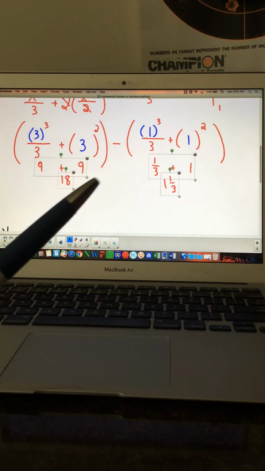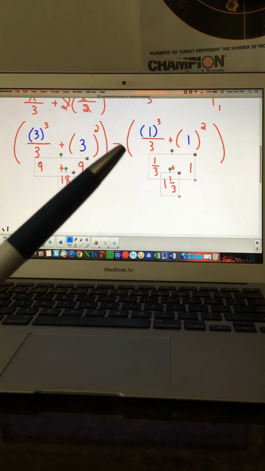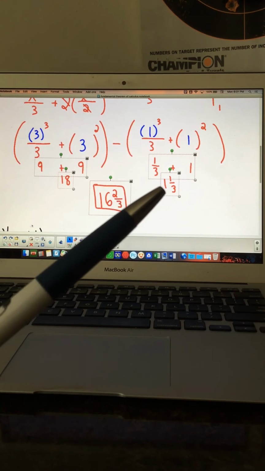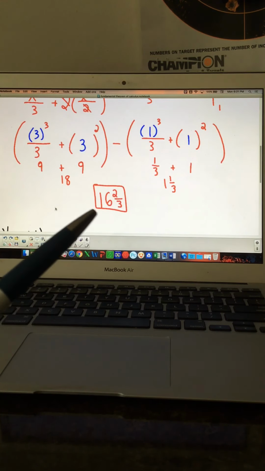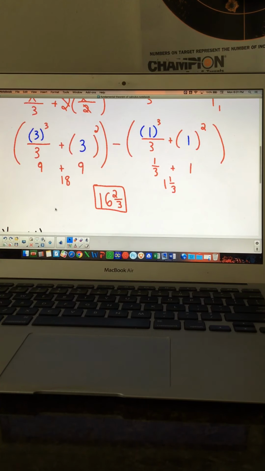And now we can fully simplify. 18 minus 1 and 1/3 is 16 and 2/3. So this is the area under the curve. Again, just what we've been doing. Now we're plugging some numbers in.